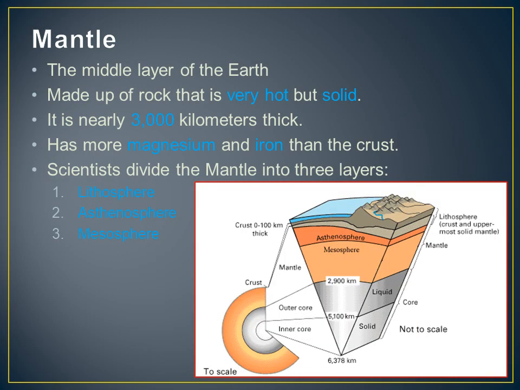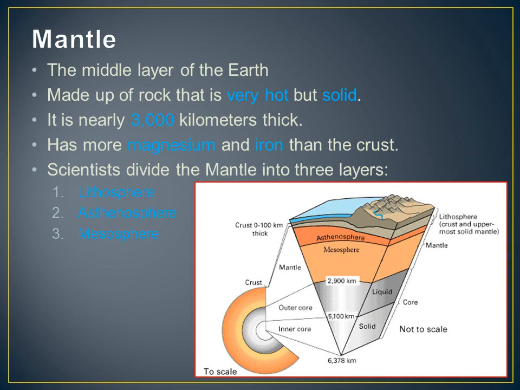The next layer, as we go deeper in the earth, is the mantle. This is the middle layer of the earth. It is made up of rock that is very hot but solid. It's nearly 3,000 kilometers thick. It has a lot more magnesium and iron, two elements, than the crust.